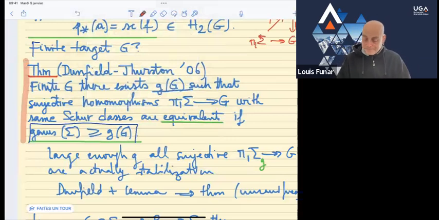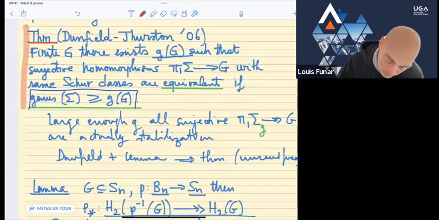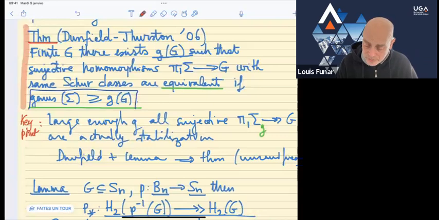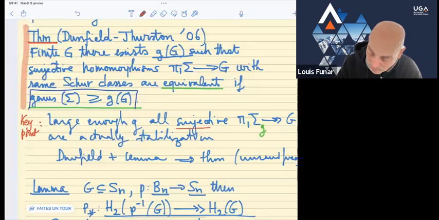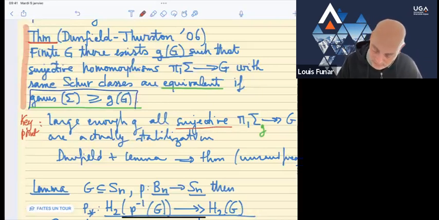But actually, the key step here, which is also using the fact that we have a finite target group, is that if the genus of the surface is large enough, then actually all surjective maps from pi1 of sigma into the group G are actually stabilizations coming from lower genus. So I put it as the key point.